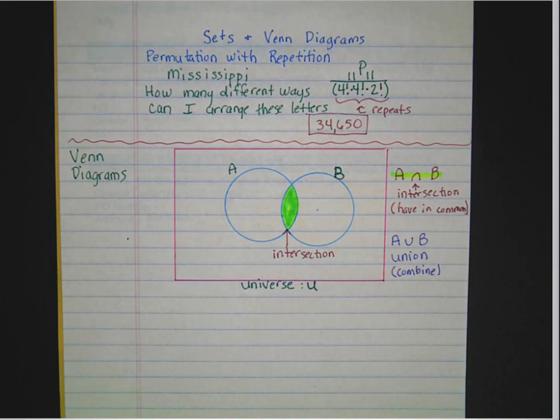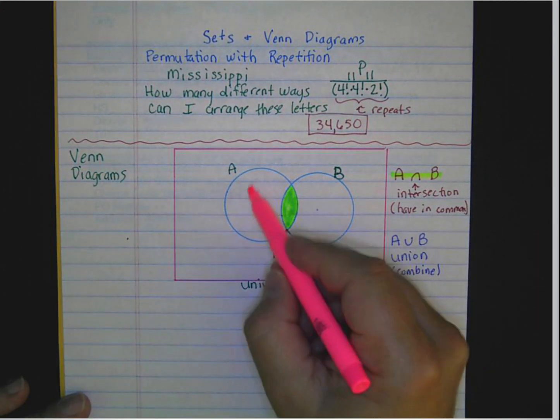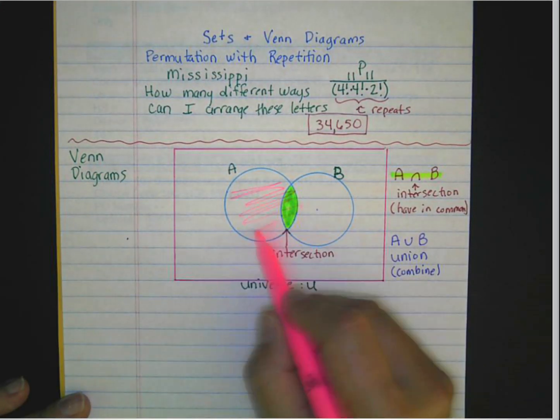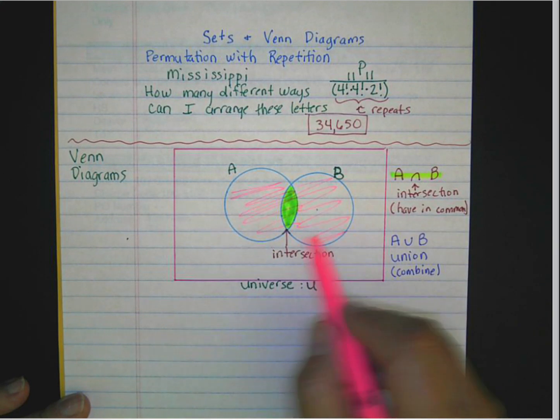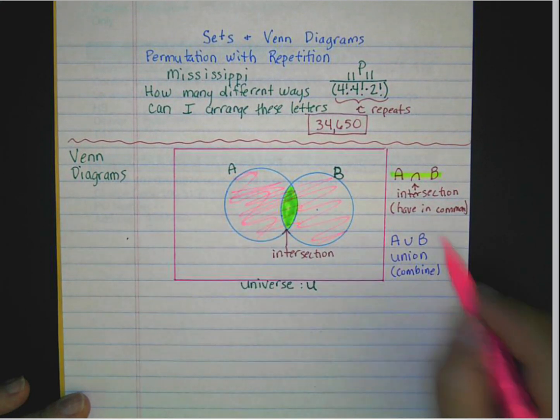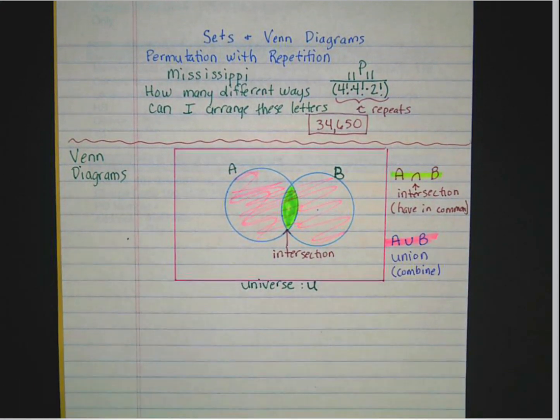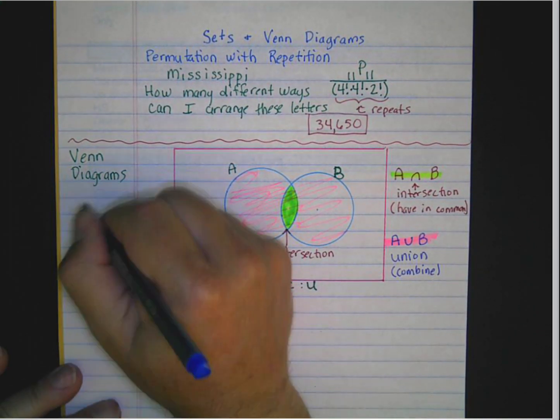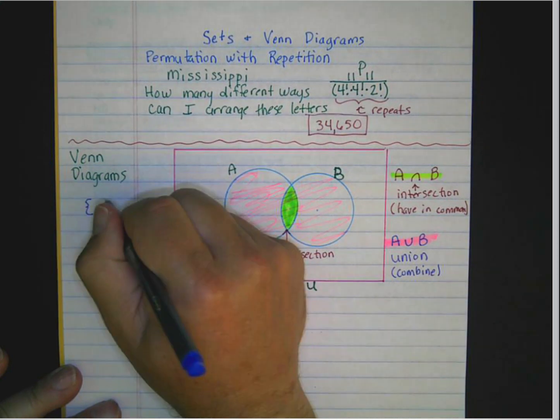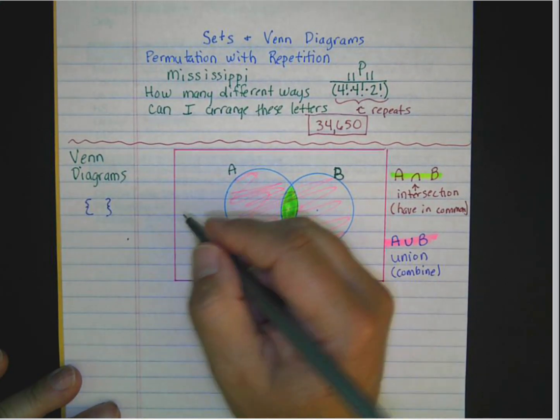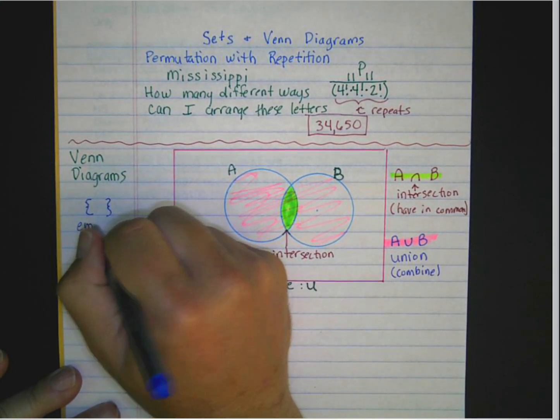That would be everything that's in both circles, so it would be all of this and then all of this. So that's the union. Now, sometimes there'll be nothing in common. There's a couple things you need to know when you have two set brackets with nothing inside. That's called the empty set.